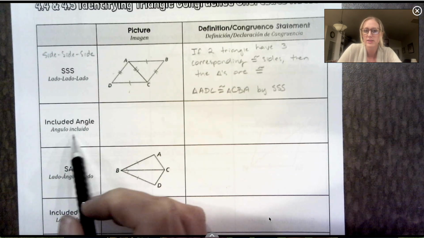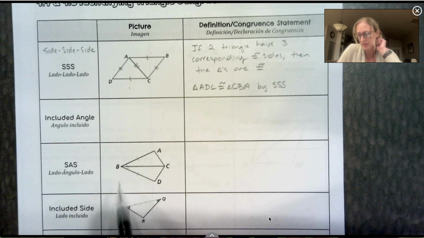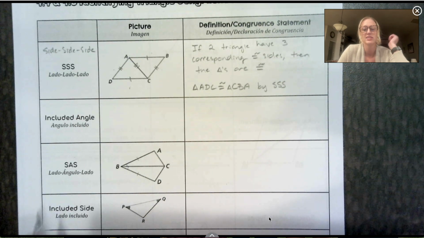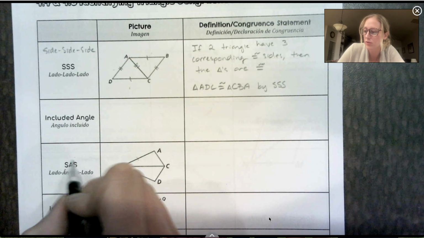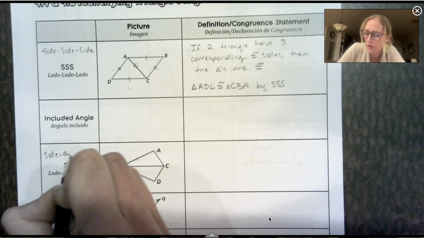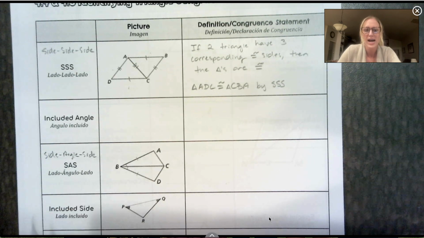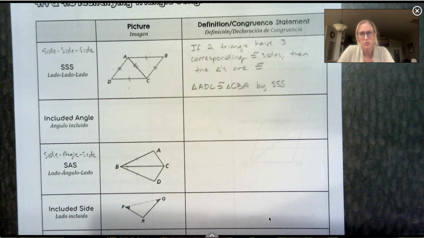Okay, I'm actually going to jump to here and come back to this. So another shortcut we have is side, angle, side. I'm going to write that side, angle, side. The angle has to be right between the 2 sides I know are congruent. We call that the included angle.